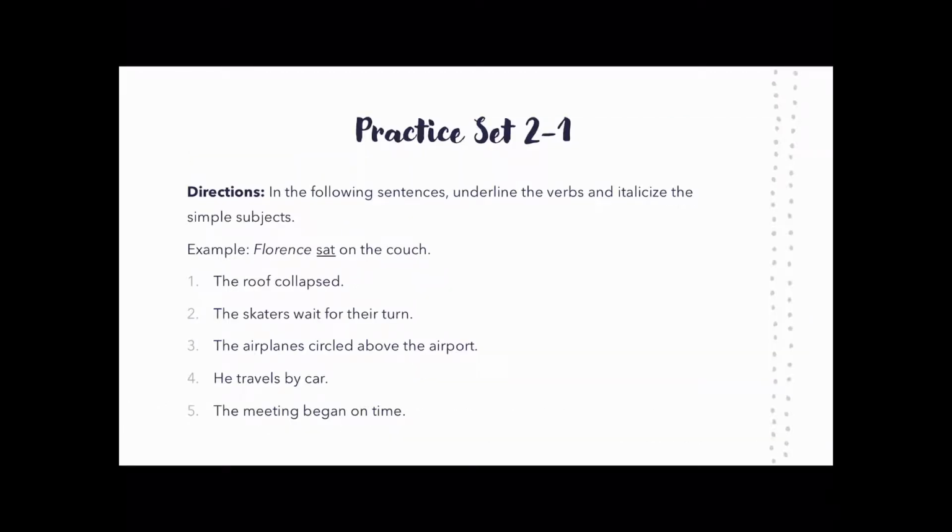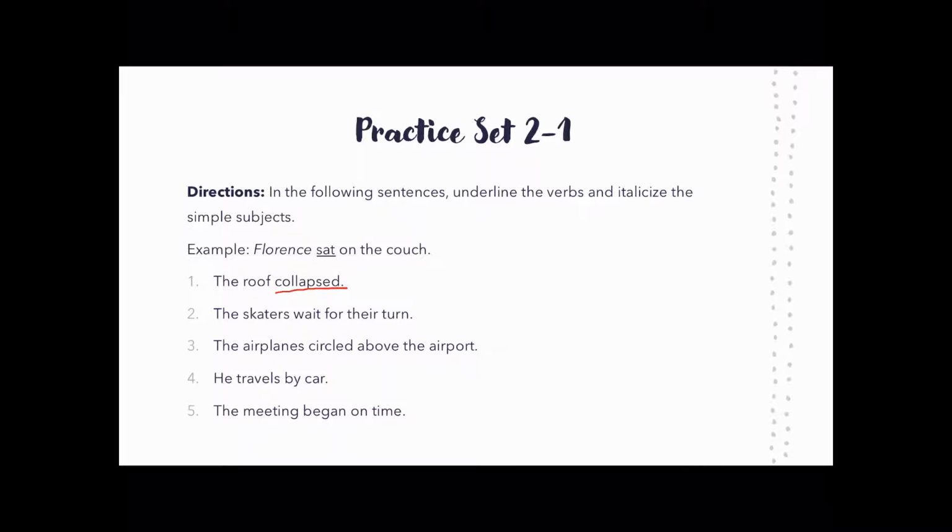So here's our first practice set. In the following sentences, underline the verbs and italicize the simple subjects. So Florence sat on the couch. Sat is our action. Who sat? Florence. So number 1, the roof collapsed. Collapsed is our action.